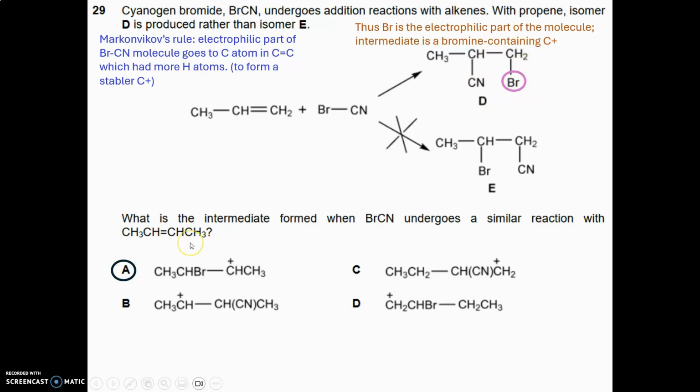So similarly, when we add cyanogen bromide to this alkene, the bromine will attack the second carbon first, and it leads to the formation of a carbocation on the adjacent carbon, which is then attacked by the CN- nucleophile to form the product. So the answer is A.